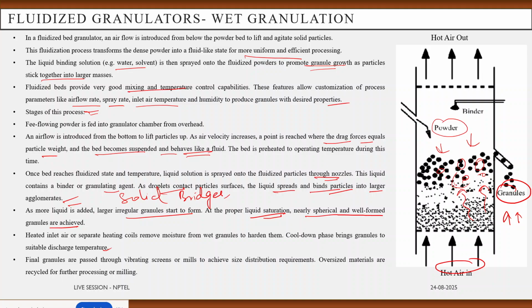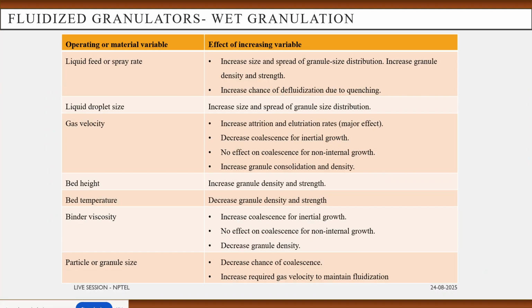Final granules are passed through a vibrating screen, or maybe they have to be processed through mills, to achieve the size distribution of the desired product. And oversize material will be further recycled to the milling process.